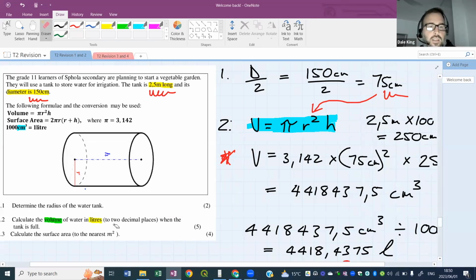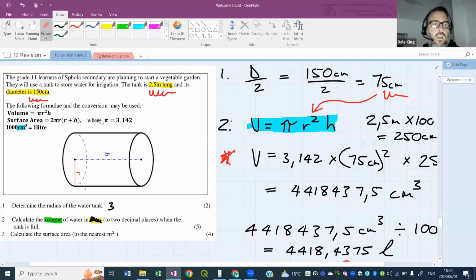They tell us, calculate the volume of the water in liters. That could have been meters cubed. Then what would you do? Well, then you'd go to your radius, which is in centimeters, up here on the right-hand side. That would have to change to meters before we put it into the formula, because we want all meters units in our formula.